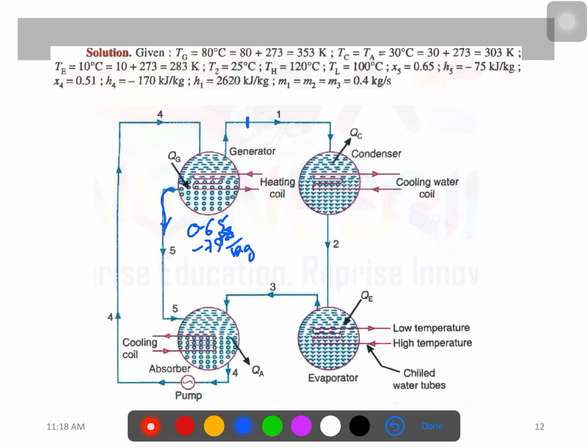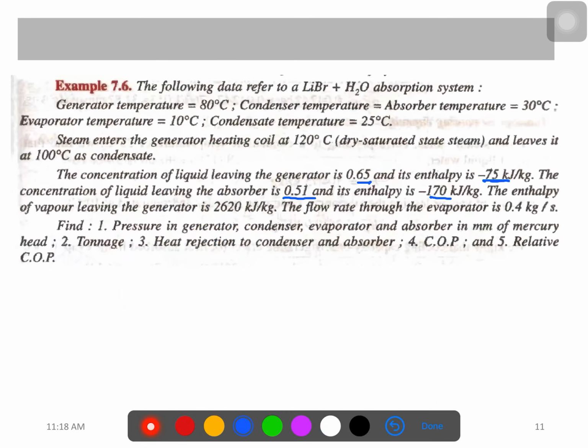What is the concentration at this point leaving the absorber? 0.51 and -170 kilojoule per kg. So this is the thing given to you.